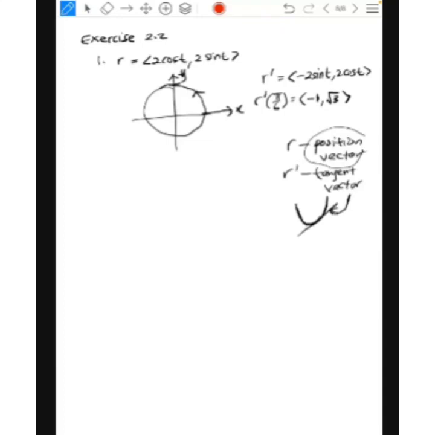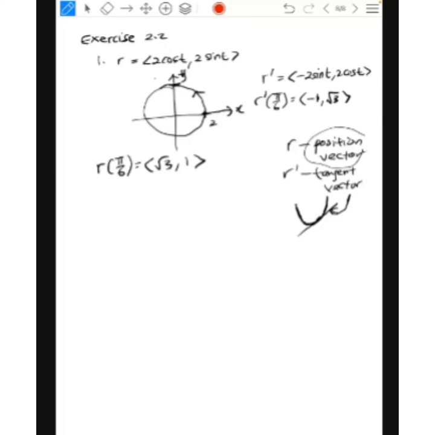Okay, to find this particular point, you have to find the position vector first. So the position vector of r at pi over 6 is r only, not the r prime, which is 2 cos pi over 6, which will be square root 3. So basically it is the same as before. Okay, so square root 3, let's say this is 2, right?